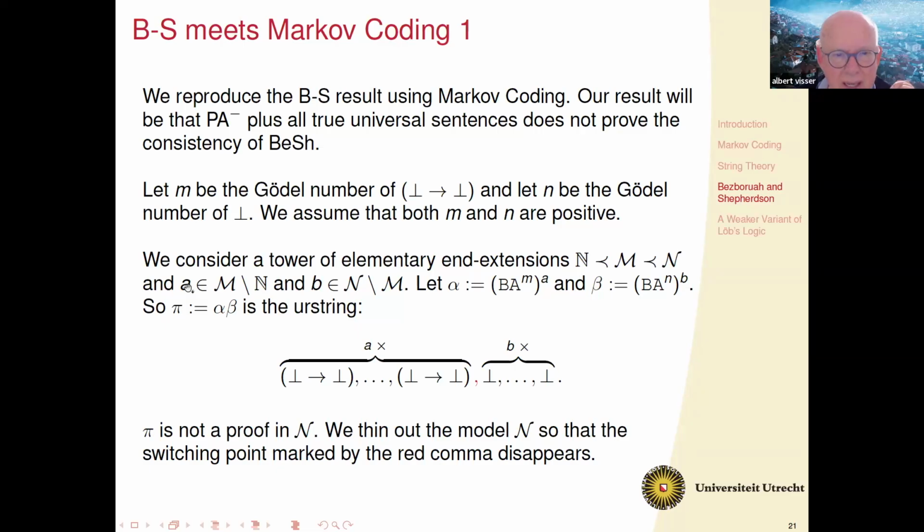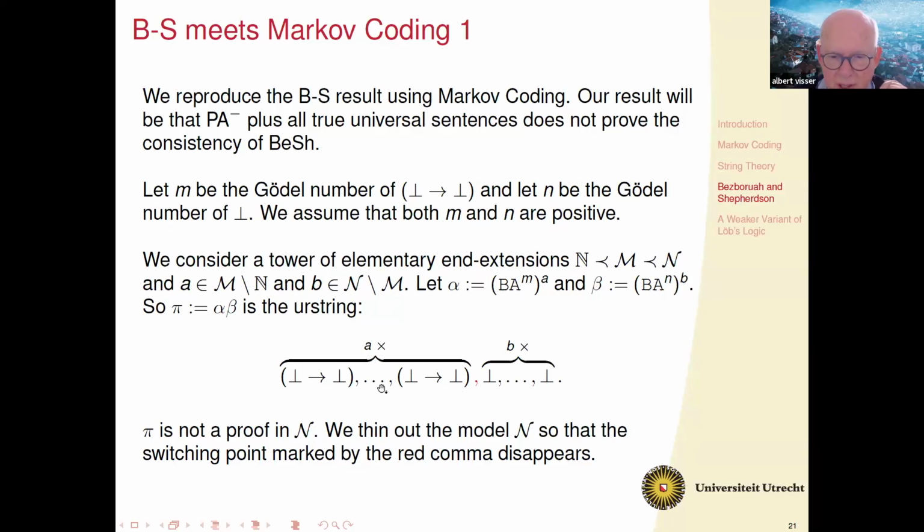Let's look at a non-standard element a in M, and a non-standard element b in N, that sits above the model M. And then we look at two strings, alpha of b to the a and beta of b to the n.